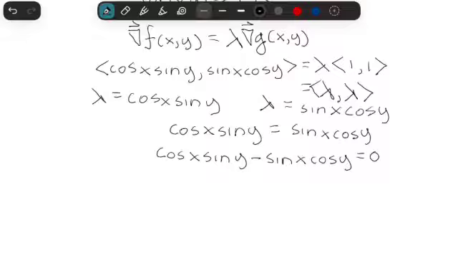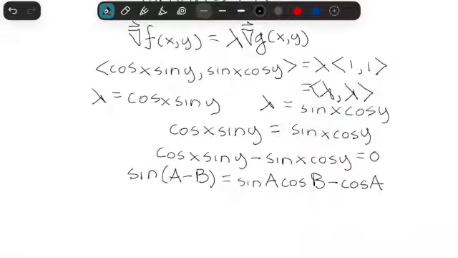We can use here the sine subtraction identity, which says sine(A minus B) equals sine A cosine B minus cosine A sine B. So we can just reduce what we had up here to sine(x minus y) equals 0.